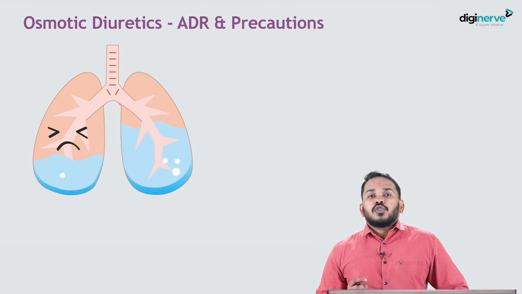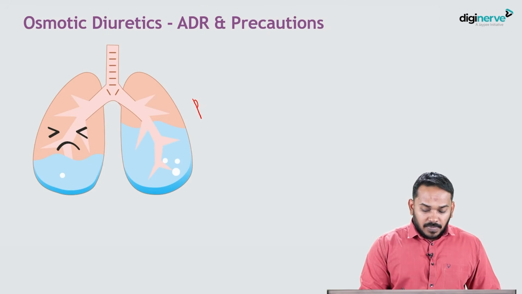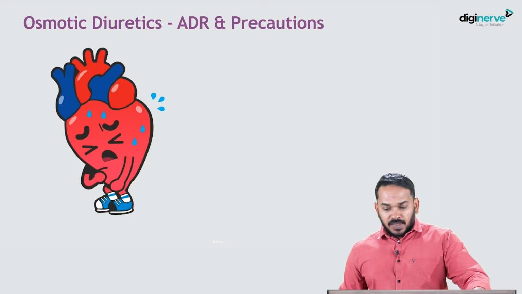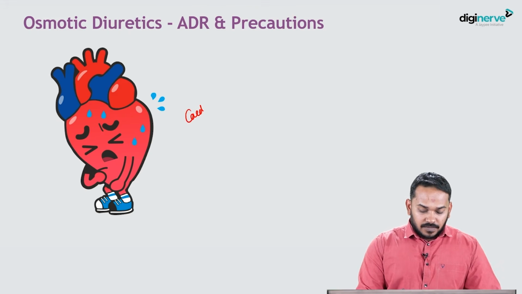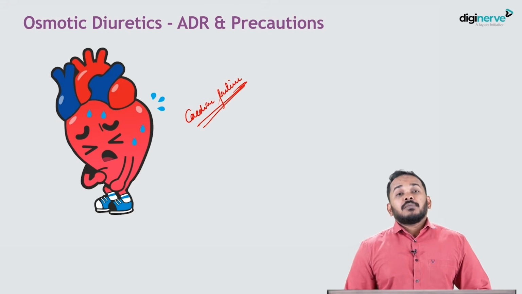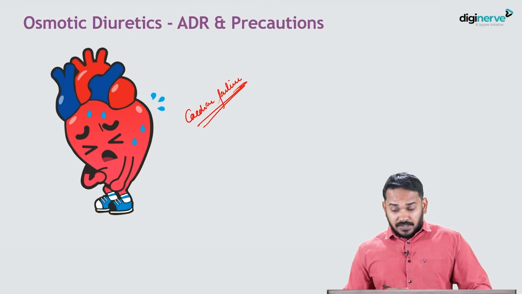Osmotic diuretics should not be used in patients with pulmonary edema, because it will precipitate pulmonary edema. It should not be used in patients who have cardiac failure, because it can precipitate pulmonary edema in these patients.